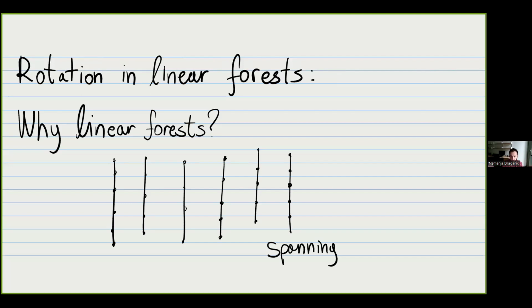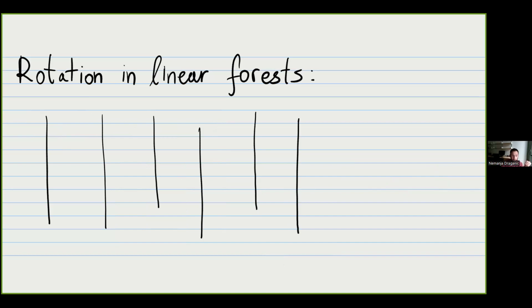So you look at the spanning linear forest with the fewest number of paths, and then maybe doing some transformations, you can decrease the number of paths. If you can continue doing this until you have just one path, this would be a conceivable strategy. So that's why I want to introduce rotation in linear forests.